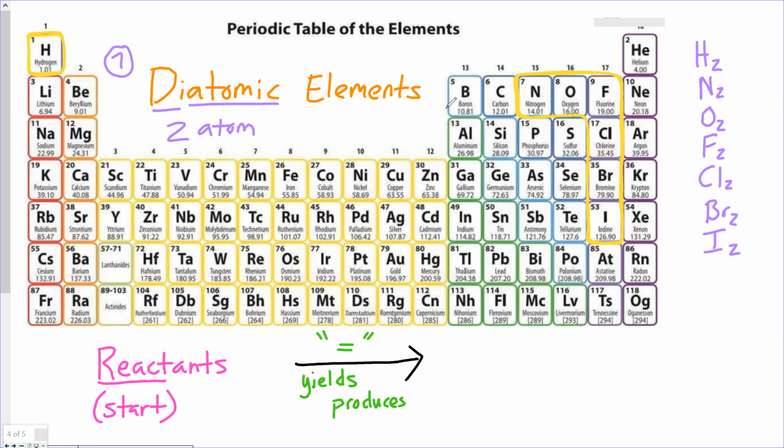I'm going to give you, again, a word equation, and we're going to figure out what it is in formulas. All right, here we go.